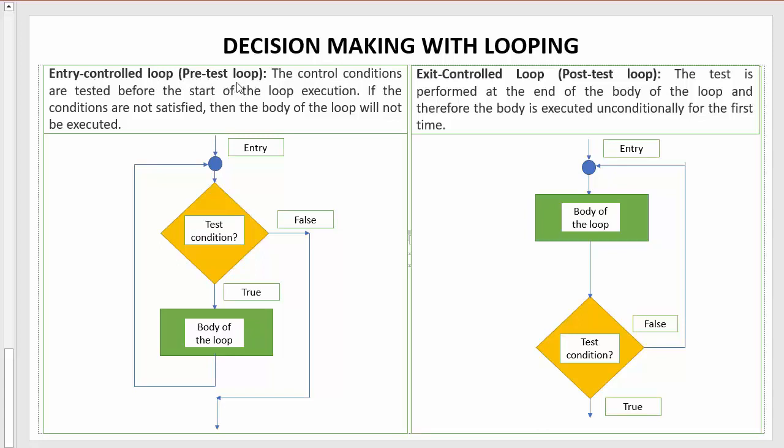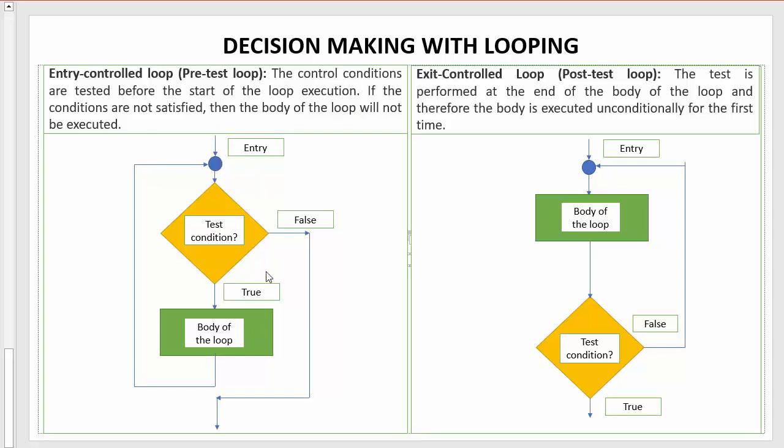If that condition is satisfied, the control will come inside the body of the loop, and the statements present in the body will be executed repeatedly until some specific condition is satisfied. The control conditions are tested before the start of the loop execution. If the conditions are not satisfied, the body of the loop will not be executed.